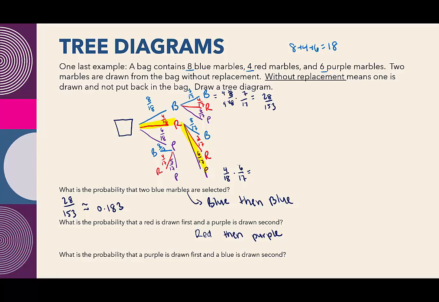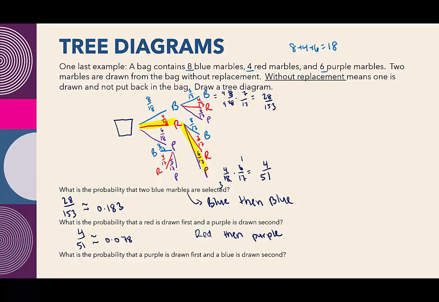I can simplify the 6 and the 18. 6 goes into itself once and 18 3 times. Now I can multiply straight across and I get 4 over 51. And again, I might convert this to a decimal because that might be a little bit hard to interpret. We get 0.078. So there's like a 7.8% chance.